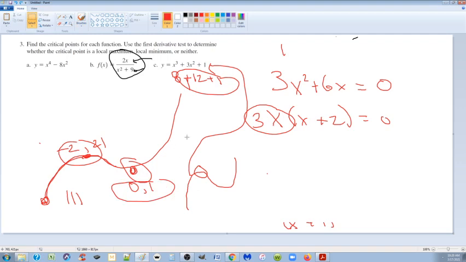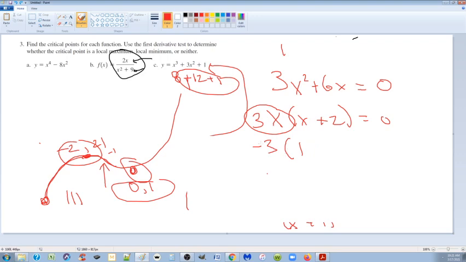But if I'm going to figure out exactly what's going on, I will take minus 1 and put it into my derivative equation to see if it comes out as negative or positive. In other words, is it going down or up between this point and that point? So taking minus 1, I get minus 3 times plus 1, which is equal to minus 3, which means the slope is going down.